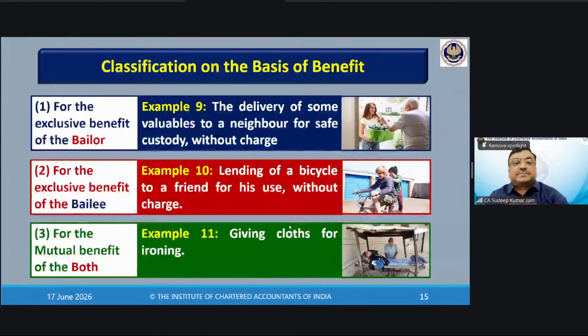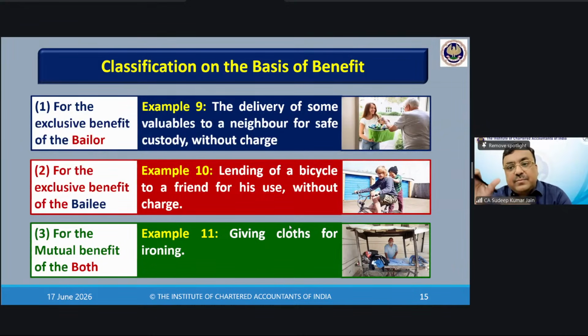See the examples. For the exclusive benefit of the bailor. In this example, only the bailor is getting benefit. The delivery of some valuables to a neighbor for safe custody without charge. अब इसमें क्वेश्चन आएगा आप लोगों का, सर यहाँ भी तो कस्टडी की बात हुई। कस्टडी मतलब उसकी प्रॉपर केयर करना। You are leaving for four to five days and you think my valuables should be handed over to my neighbor, so that there may be safety.